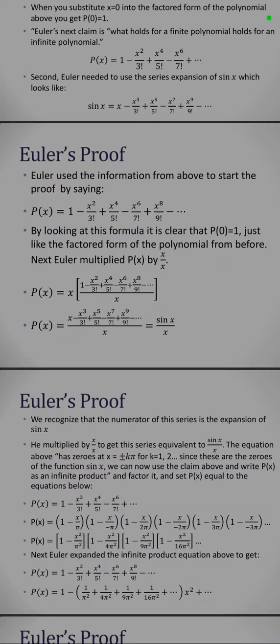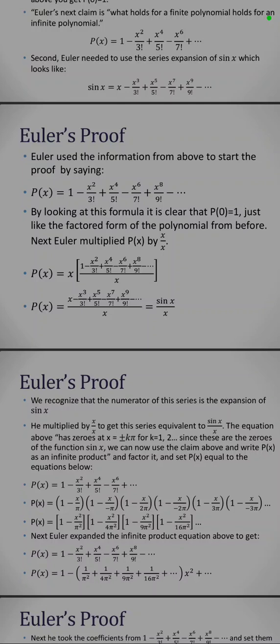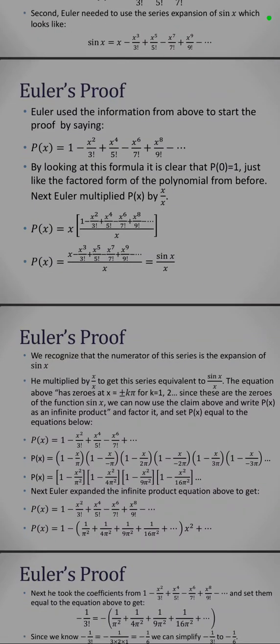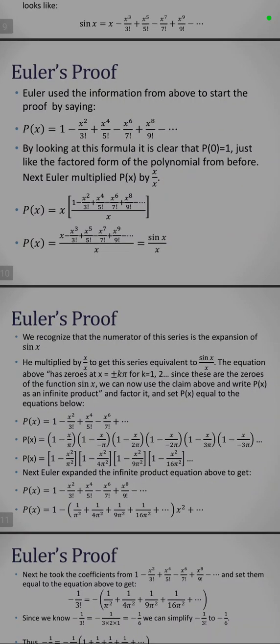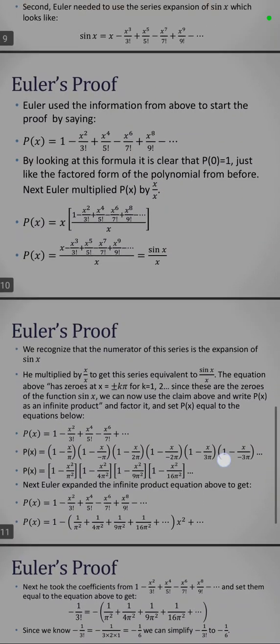And p(0) here would be equal to 1, and this is where we get the limit formula. And further on, he has multiplied x upon x to get this series equivalent to sin x upon x.